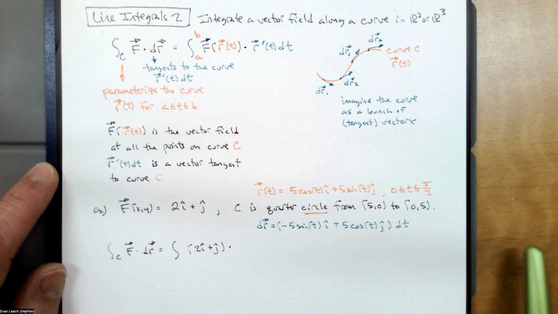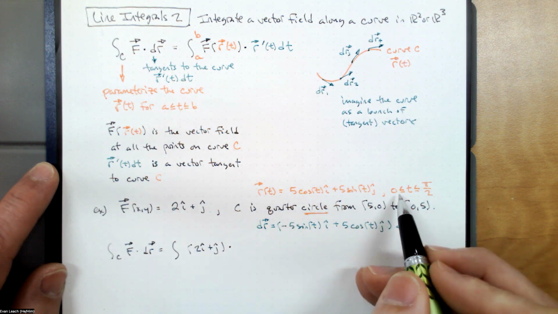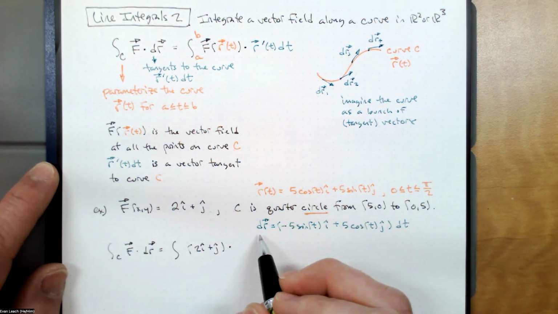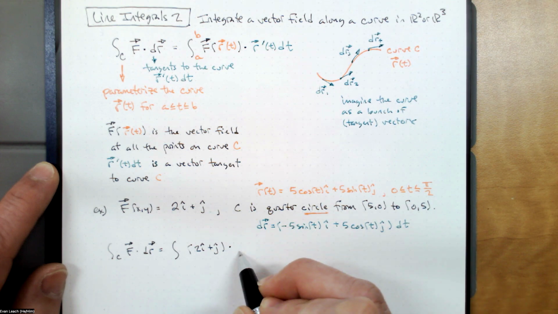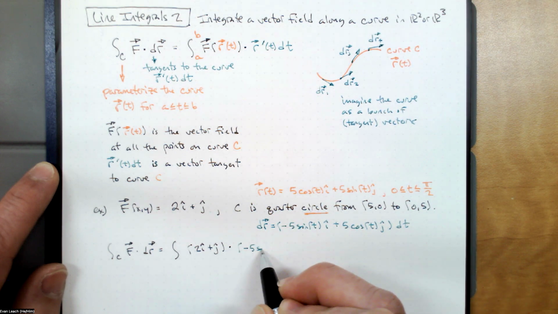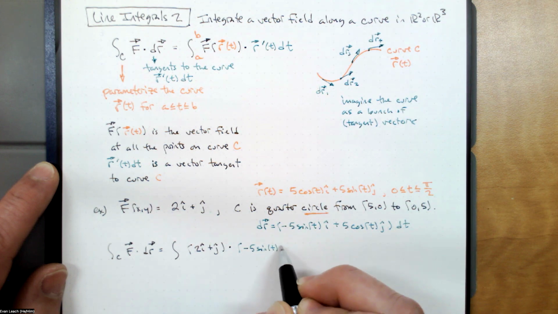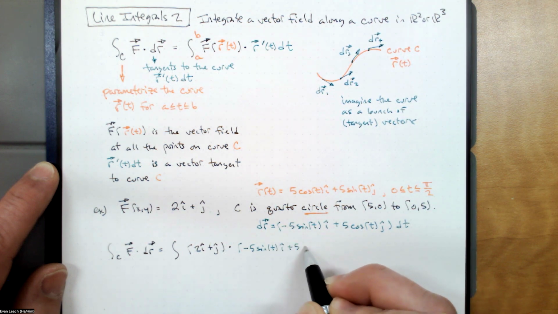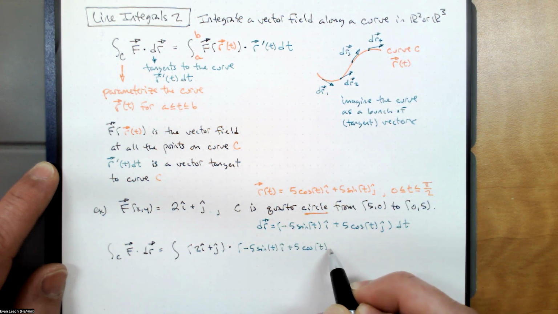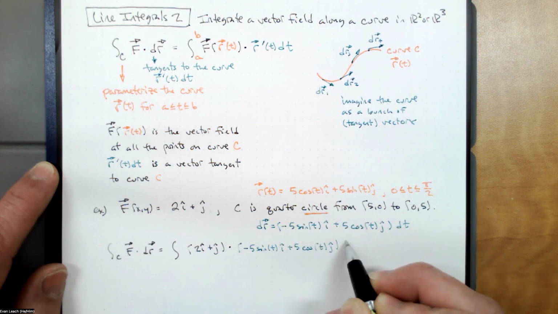I find the dot product of the vector field evaluated at all these points and the dr, which is negative 5 sine of t i plus 5 cosine of t j dt.